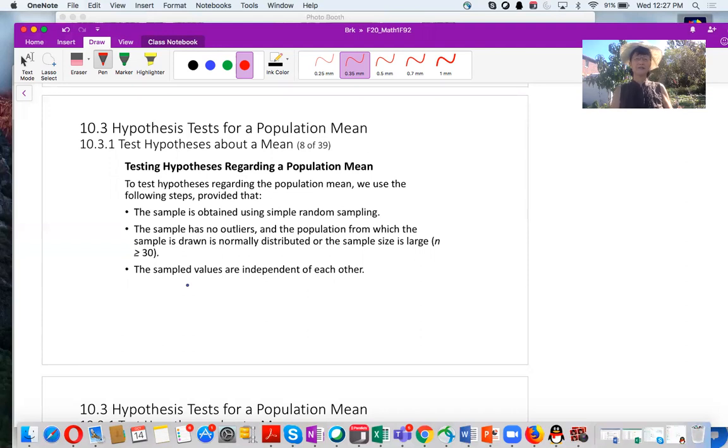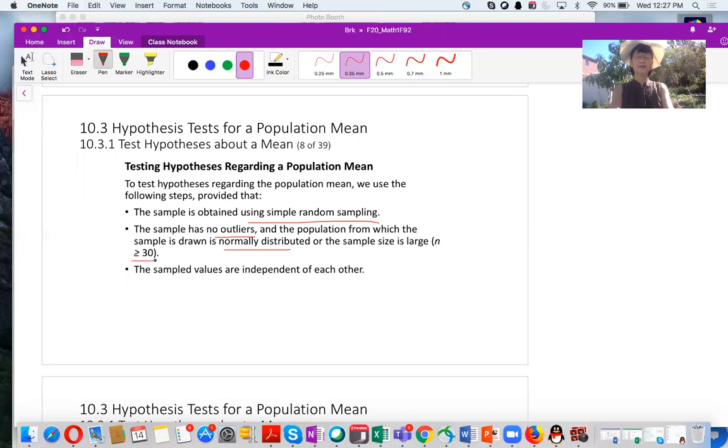The hypothesis test about a population mean usually involves the following steps. First, we obtain a simple random sample, and we want to make sure the sample has no outliers, and the population is normally distributed, or you have a large sample size.